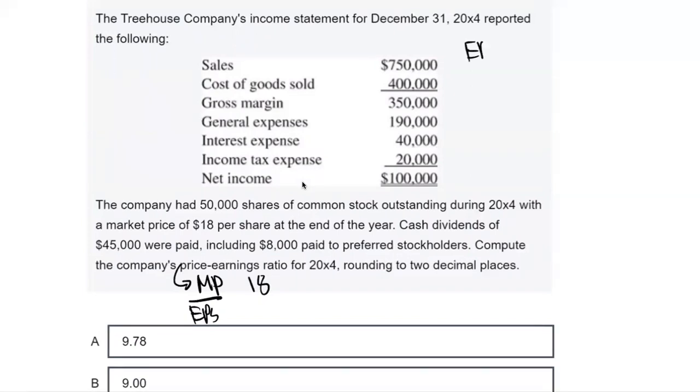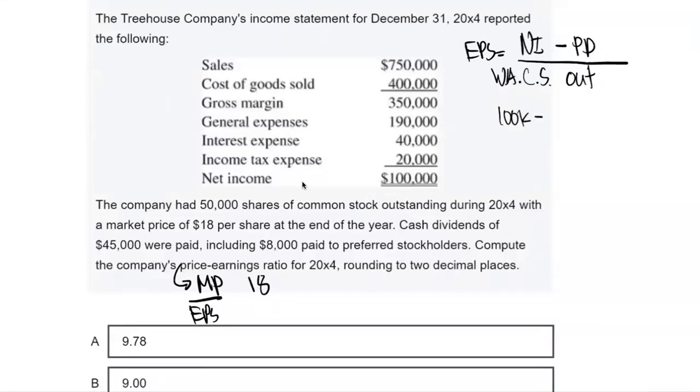So, earnings per share, once again, naalala mo na yung formula ngayon? That would be net income minus preferred dividends divided by common stock outstanding. Kung gusto mo maging specific, WACSO, di ba? Weighted average common stock outstanding. So that would be 100,000.